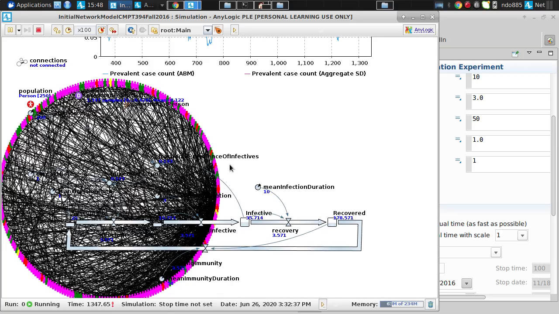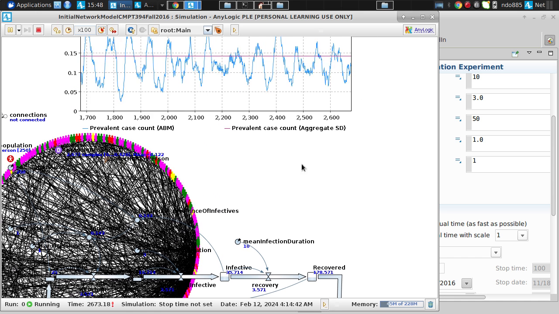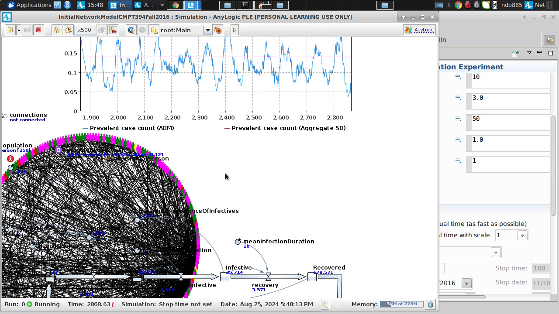Can anyone give an intuition for why those individuals may have disproportionate impact, disproportionate level of influence on the level of infection in the network? Why is it that these small number of individuals with a large number of connections may be disproportionately influential?